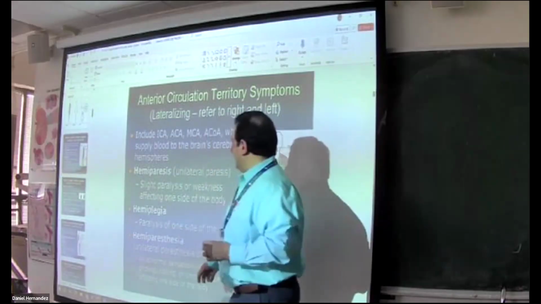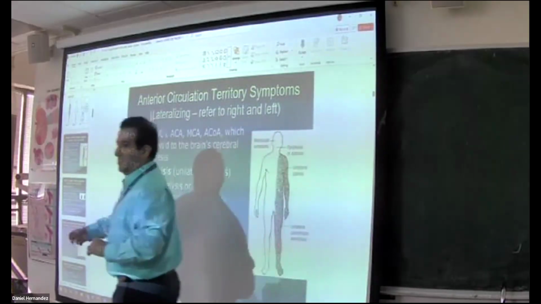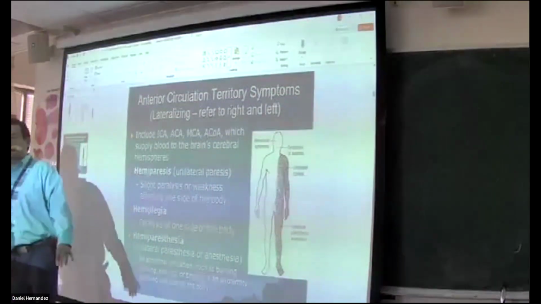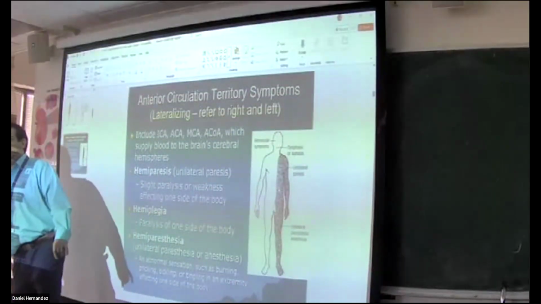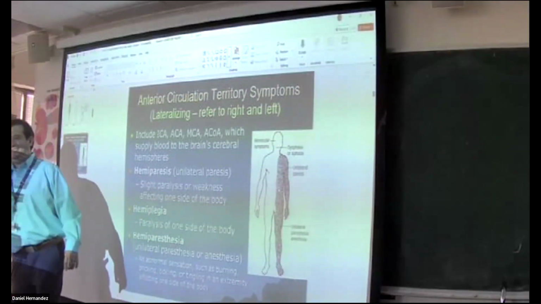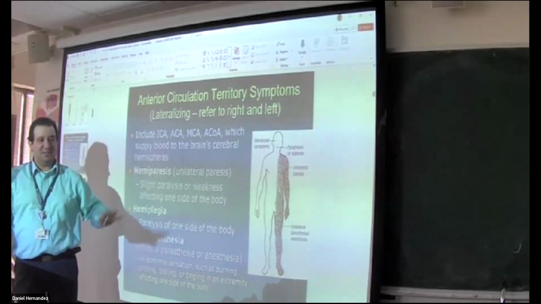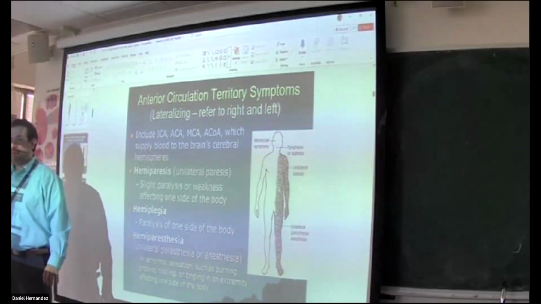So what happens if I have a patient who has right arm weakness, left leg weakness? We can't assume that it's both sides.